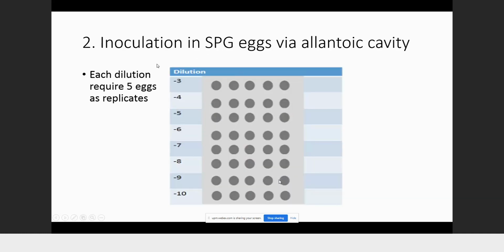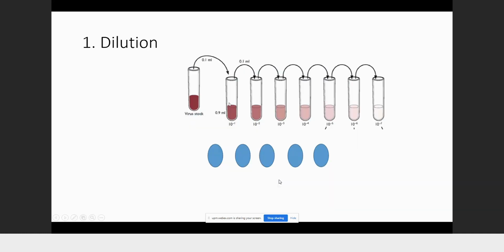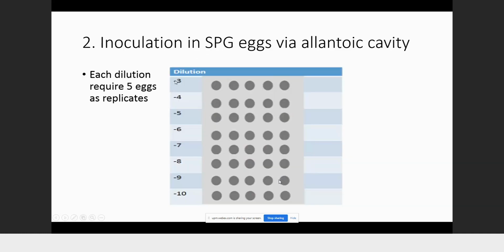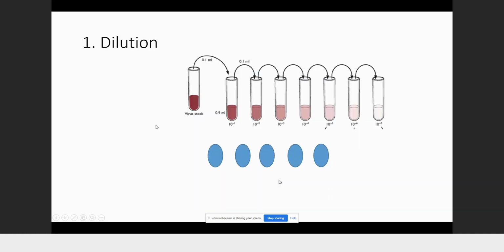After that, you need to inoculate each of these dilutions, for example dilution 1, into a group of 5 eggs, with 5 eggs as replicates. So dilution 1 you inoculate into 5 eggs, dilution 2 another 5 eggs, dilution 3 another 5 eggs, and so on.